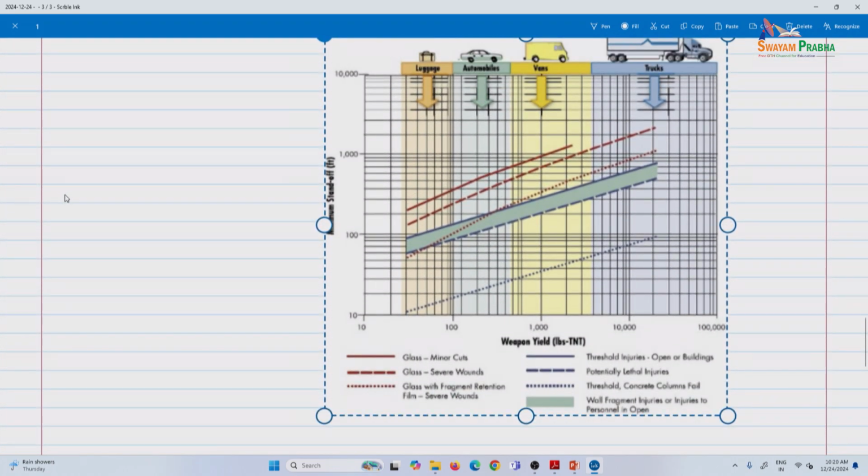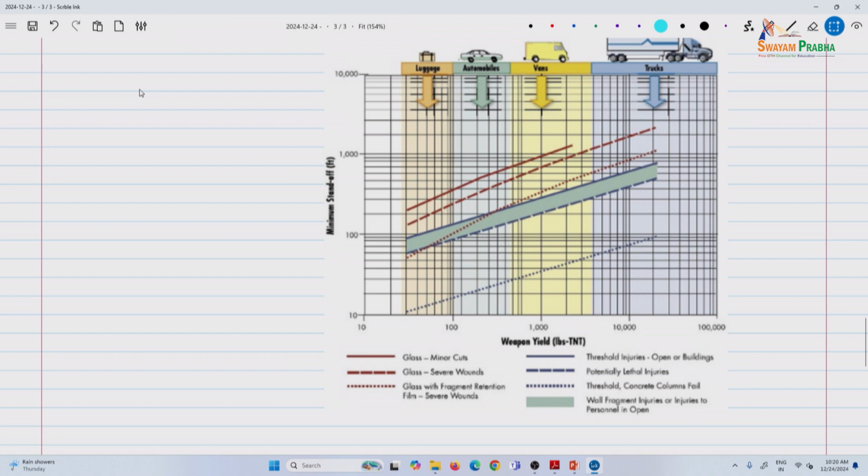Actually, I really like this chart. Here, you were asking about standoff distances, so here you have the standoff distances, and then you have here the weapon yield in pounds of TNT.